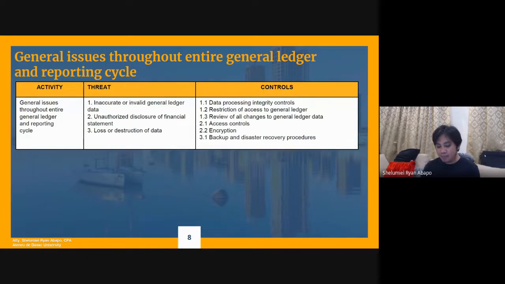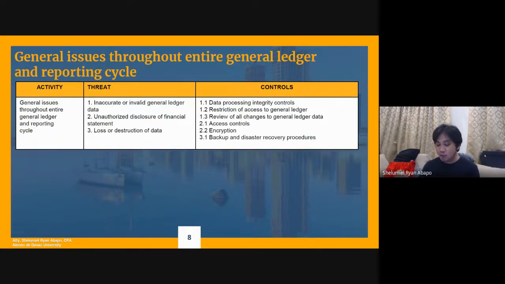Another would be to create multi-factor authentication, which should be used to restrict access to the general ledger. In addition, authorization controls like an access control matrix and compatibility test should also be implemented to limit the functions that each legitimate user may perform.